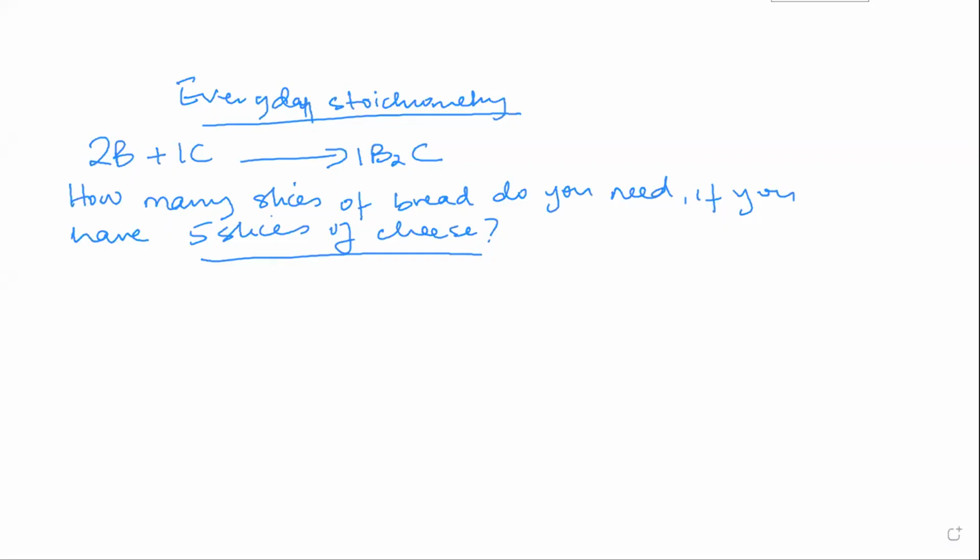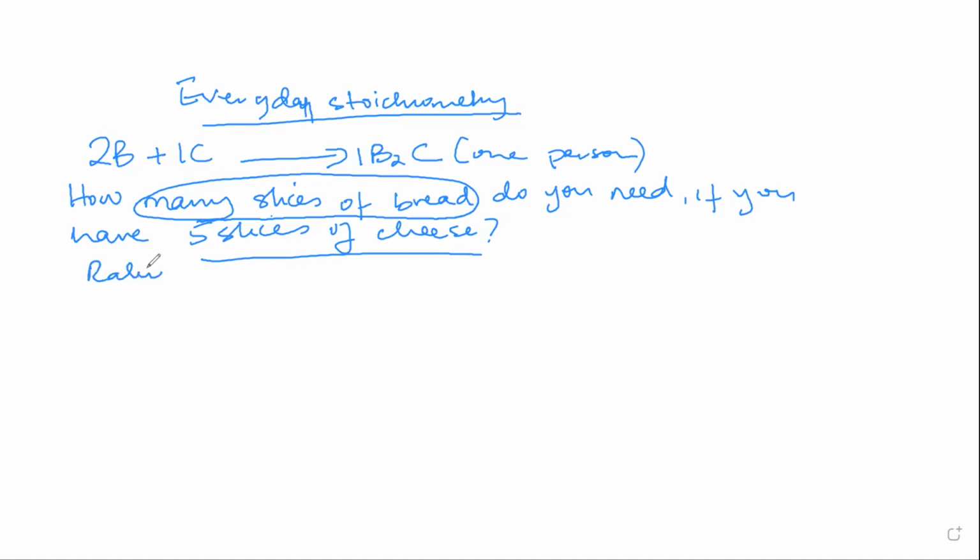Okay, let's do it. It says we have a balanced equation. This is for one person, the recipe for one person. So how many slices of bread do you need if you have 5 slices of cheese? We know this, we need, you see, how many slices of bread? Okay. So what's the relationship between slices of cheese, slices of bread in this balanced equation? We will see that we use ratio.